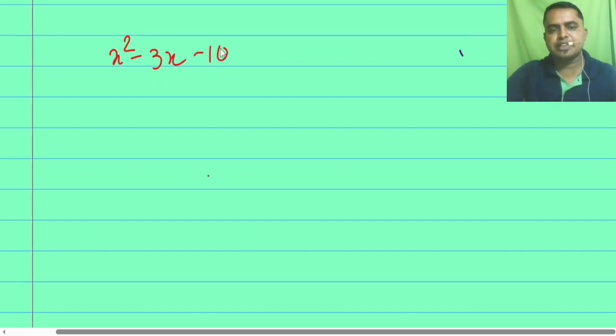So let us write the example of how to solve the factorization problem. Take x square minus 3x minus 10 is equal to 0.